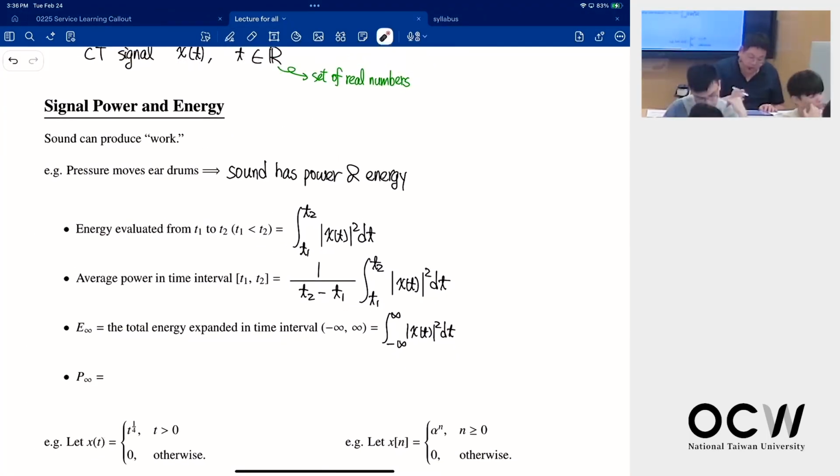Well, what is the power? Suppose it's from minus T to T. So we will think of this, and the denominator goes to infinity.